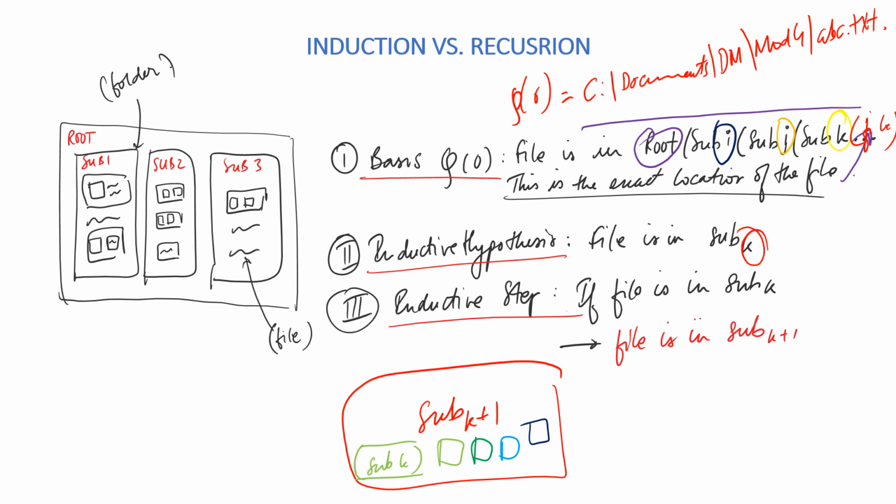Sub k plus 1 could also just consist of sub k and nothing else, but k plus 1 must at least contain sub k. Subfolder k.